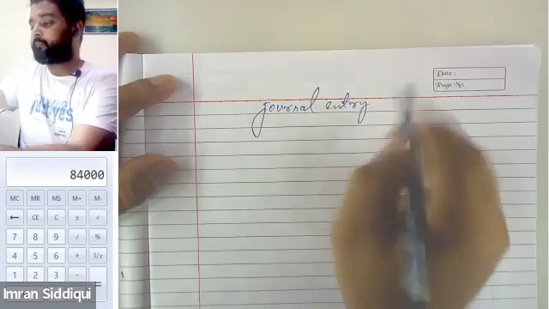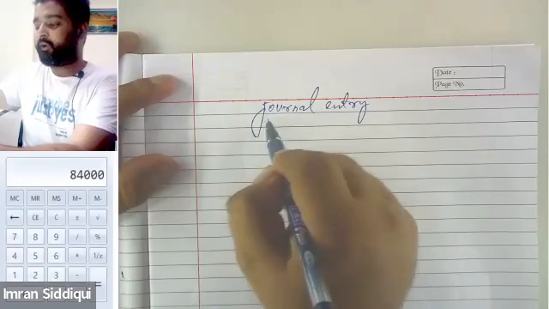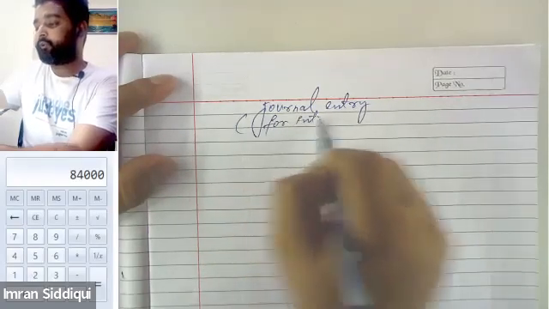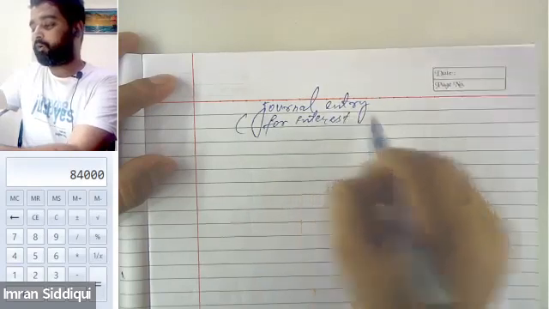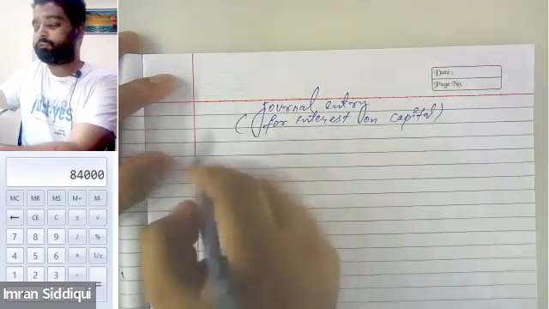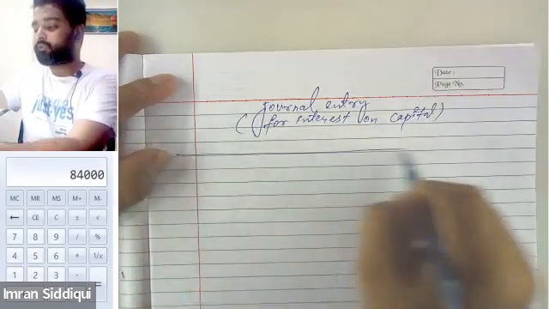General entry for interest on capital. This is how the general entry will be done.